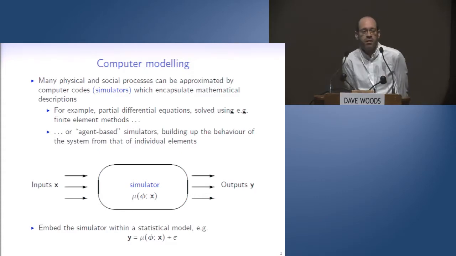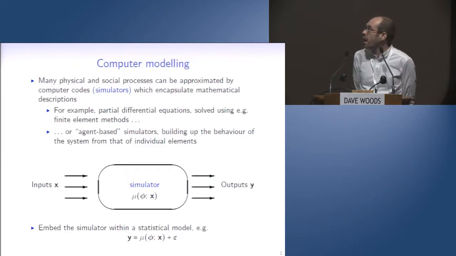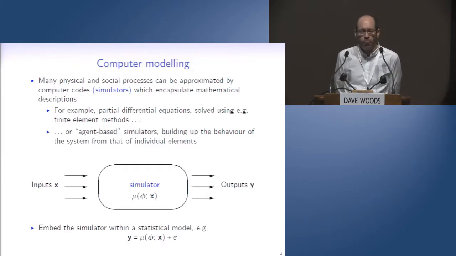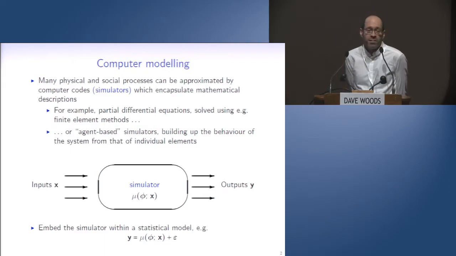And perhaps a canonical example from engineering would be a model which is the solution of a set of PDEs which is solved using finite element methods, or more recently and perhaps more trendily, agent-based simulators which build up the behavior of the system from that of the individual parts.